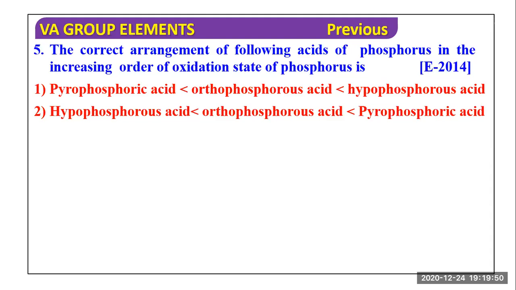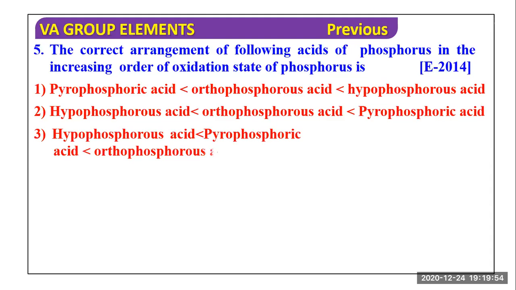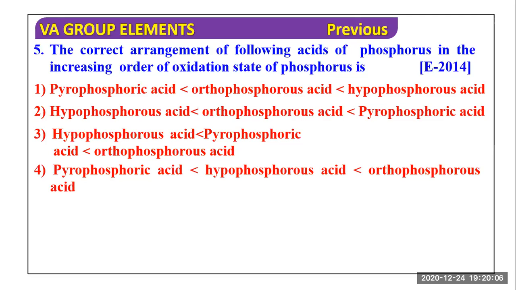Option 3, hypophosphorus acid, pyrophosphoric acid and orthophosphoric acid. Option 4, pyrophosphoric acid, hypophosphorus acid and orthophosphoric acid. Which one is the correct answer?